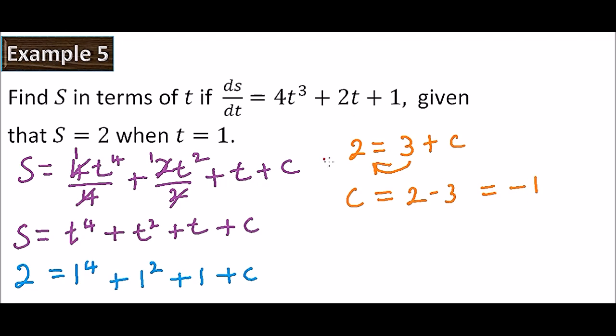Having found the value of c, we can now express s in terms of t. We say s is equal to t to power 4 plus t squared plus t minus 1. So that is how you express s in terms of t.